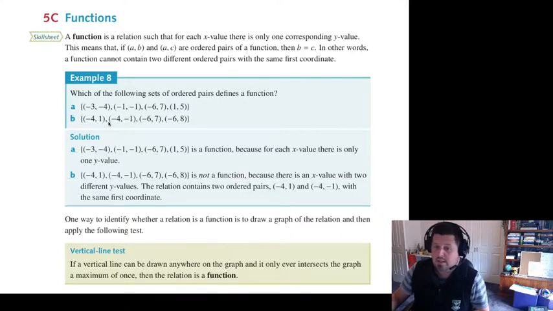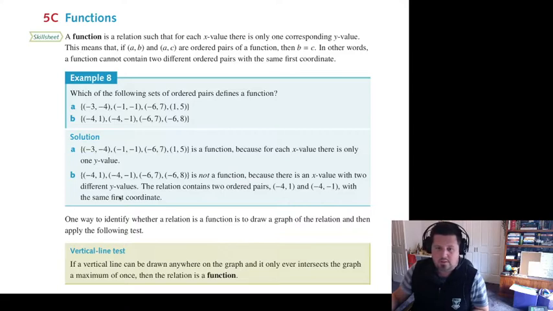It cannot be a function because of that. Likewise, you've got -6 as well, and they've got different y coordinates too. So it's not a function because there is an x value with two different y values.